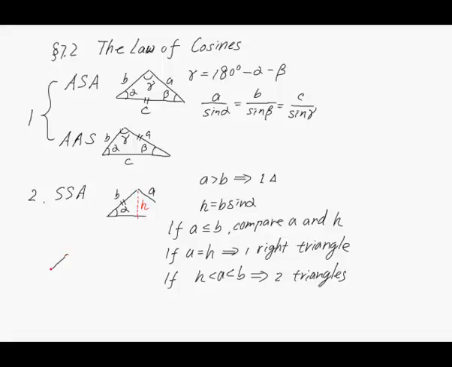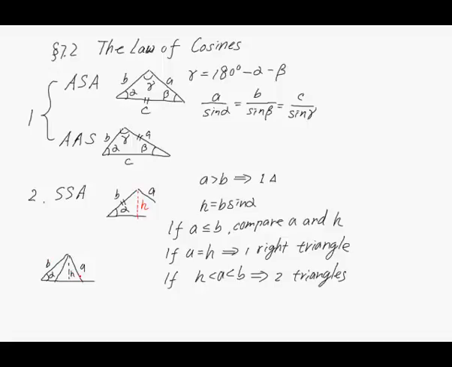So actually we can draw a sketch for this ambiguous case. You have the sketch like this, and this is your h, and this is your a. So a is bigger than h. This is alpha, this is b, and this is h.